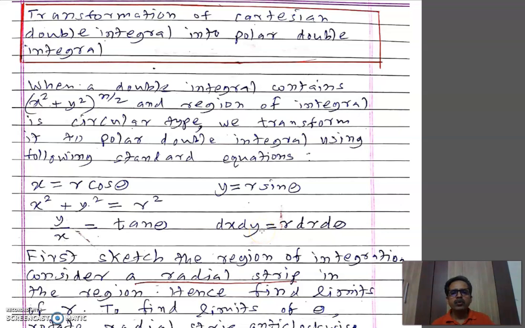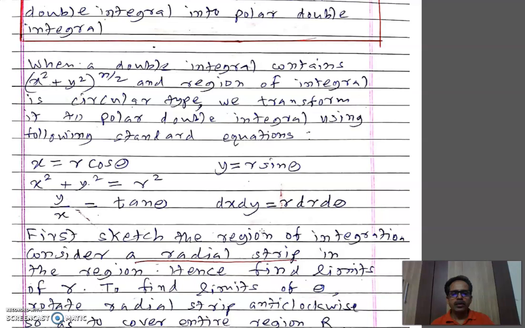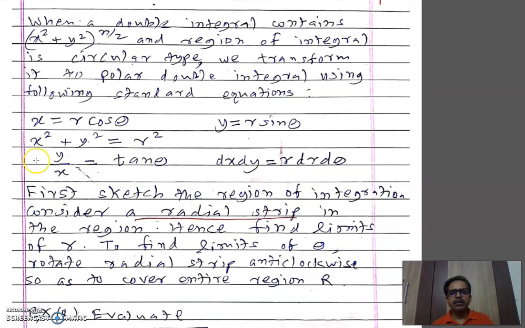So here we have to sketch the region of integration. First we need to sketch the region of integration. Consider a radial strip in the region. When we integrate with respect to x first, we consider a horizontal strip.